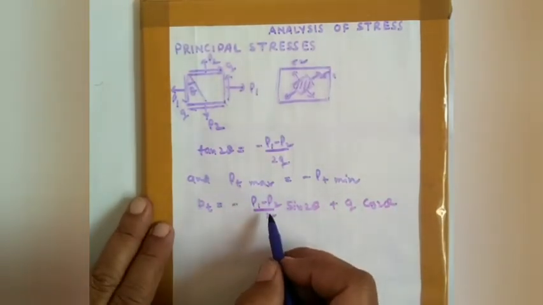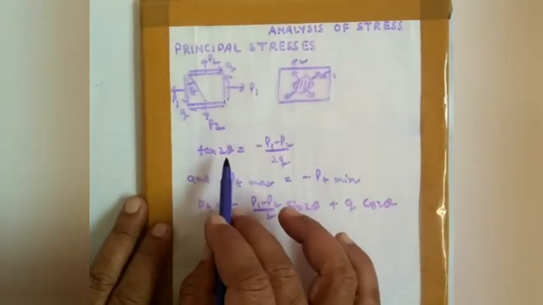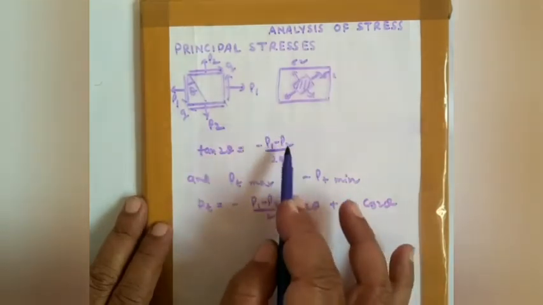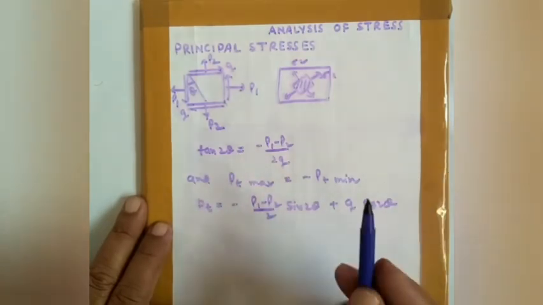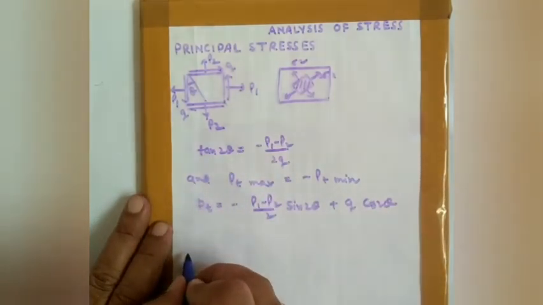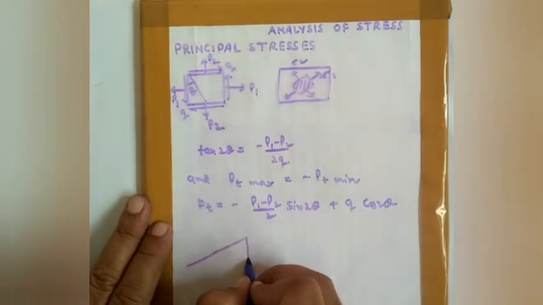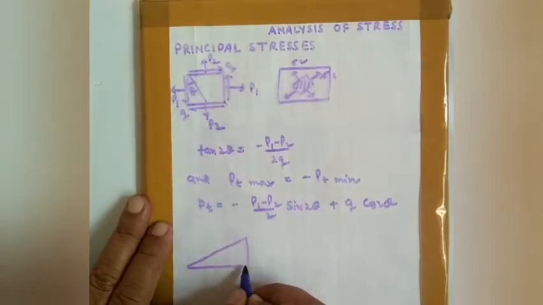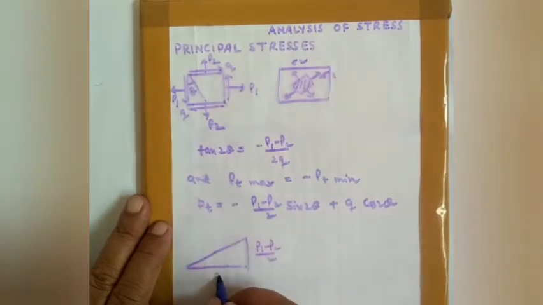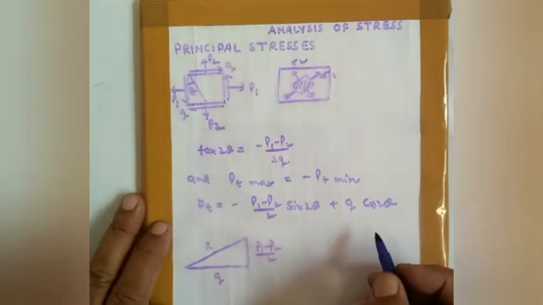So let us obtain the Pt max by putting value of 2 theta as found in this expression. So again, making a right angle triangle, we have this side (p1 minus p2) by 2 and this side q, and this is the diagonal r.